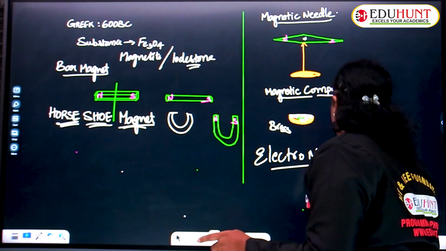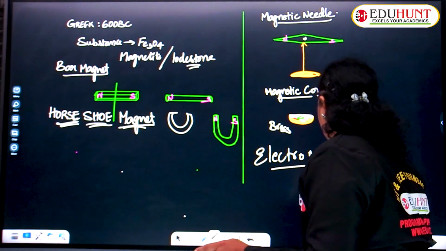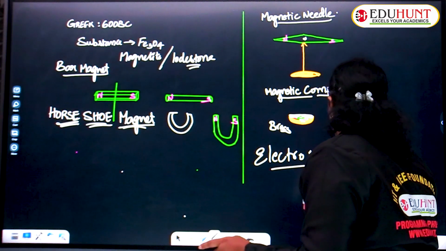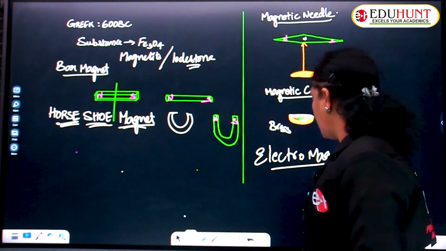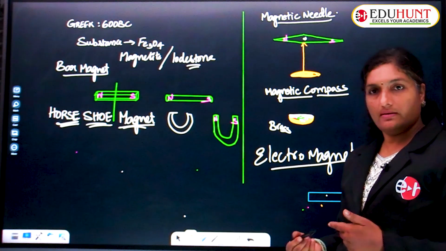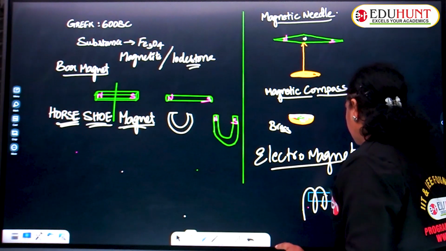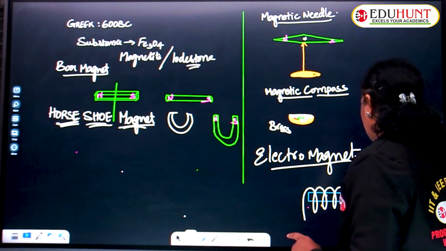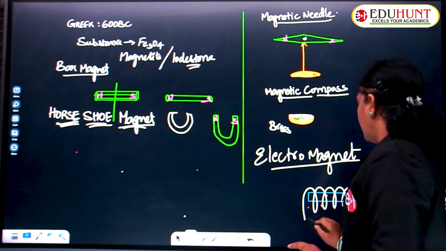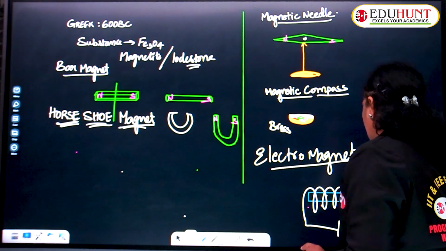An iron piece is taken. Around this iron piece, copper wire is wound. And then current is passed through this.